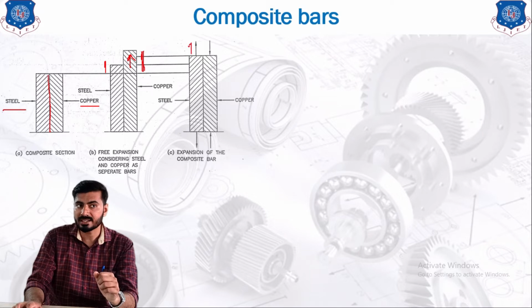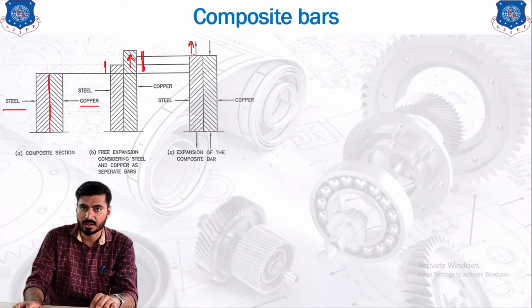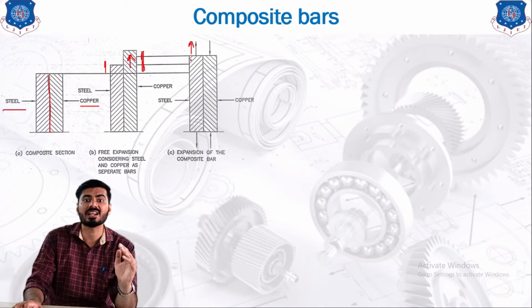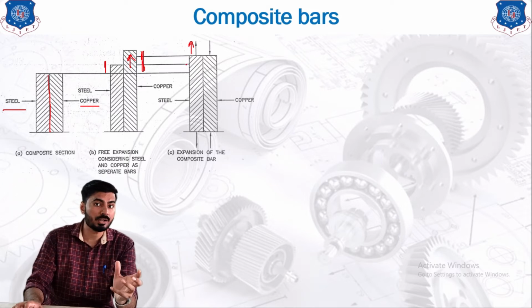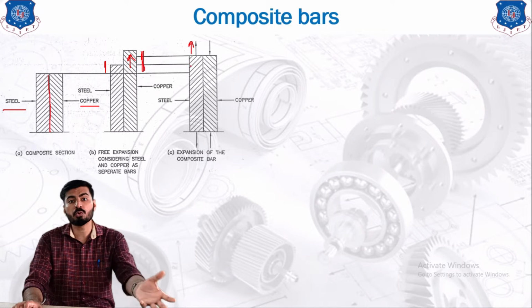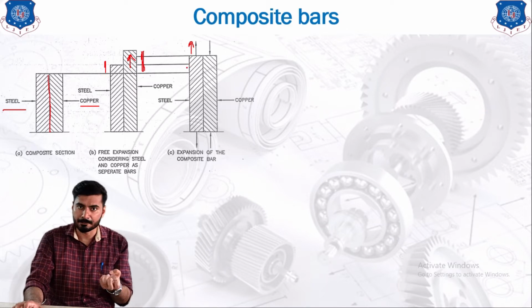As you can see in this diagram, we have shown the arrow in the upward direction, which indicates that the steel material is going to get elongated, or it is going to experience the tensile force due to the pull force of the copper material.